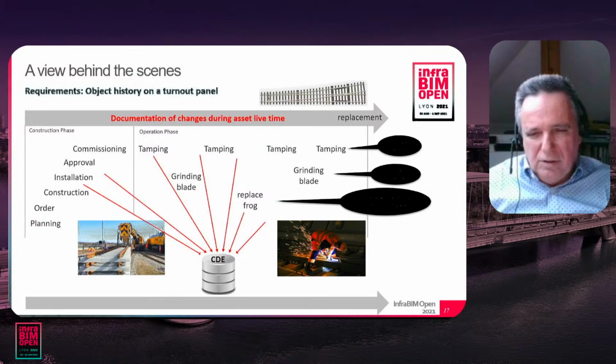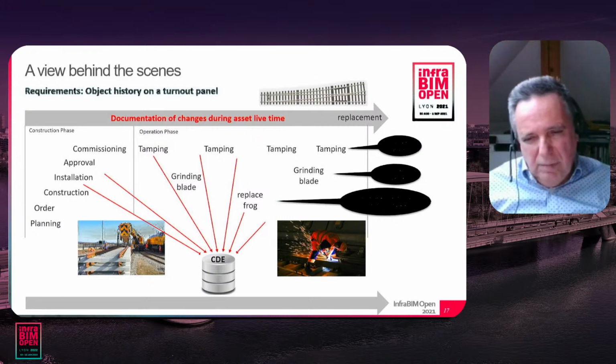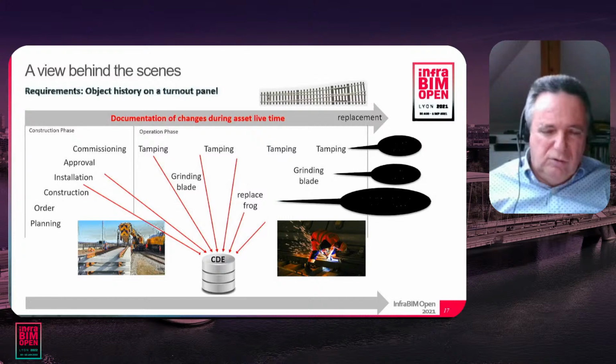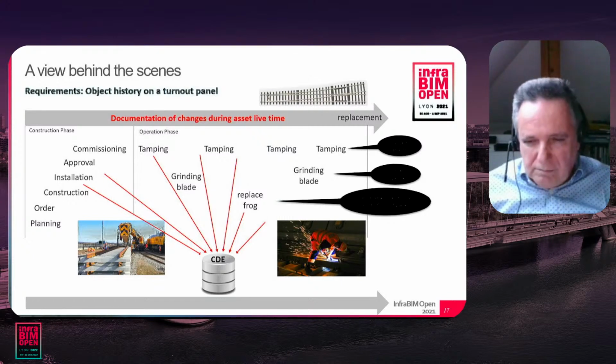So we have the first changes which are during the construction phase, from the planning to the commissioning, which are recorded with the time aspects, and then we have during the operation phase all the activities like tamping, grinding blade, and replacing a frog, which either make a change in an attribute or also create a new object for that. And all these events have to be stored only with time attributes in the common data environment.